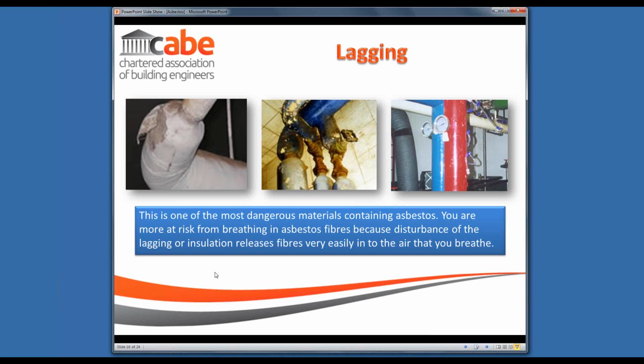There are a couple more questions popping in, I notice. There's one to say, do notice plates have to be put in place in relation to where asbestos is, or just a register? In reality, it is an onus on the people in charge of the premises and surveyors advising them.